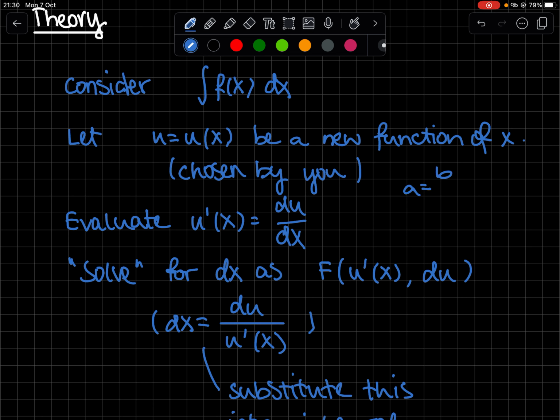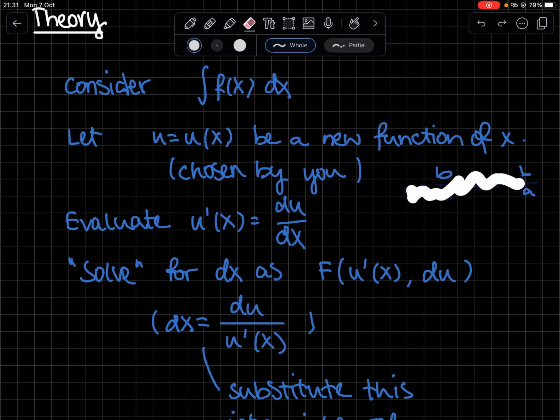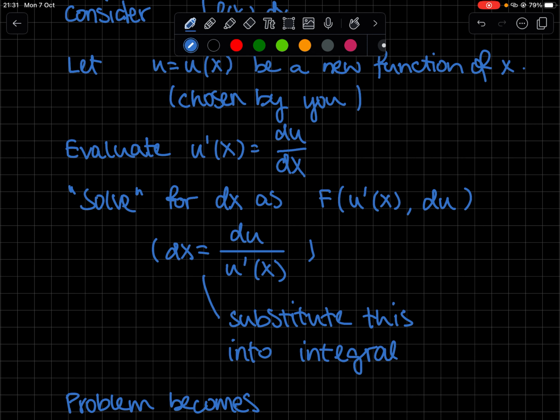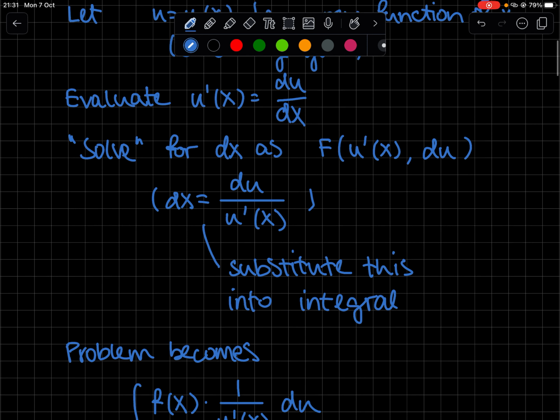As you surely know, if a equals b over c, then c is equal to b over a. And that's what you can do here. You can switch the places of these two, and then you'll get dx equals du over u dashed of x. Okay, so this is a step that you'll have to do every time, pretty much.